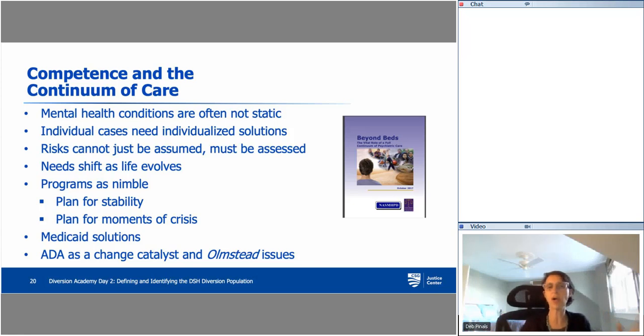And then you get a whole host of other types of conditions that lead to this pathway into the system that we're trying to reroute. But it's really important that as you think about this, each of these individual cases needs individualized solutions. So for example, somebody with persistent psychosis who's also a methamphetamine user, well, we have to think about a program that's going to help them with both their mental illness as well as their substance use.